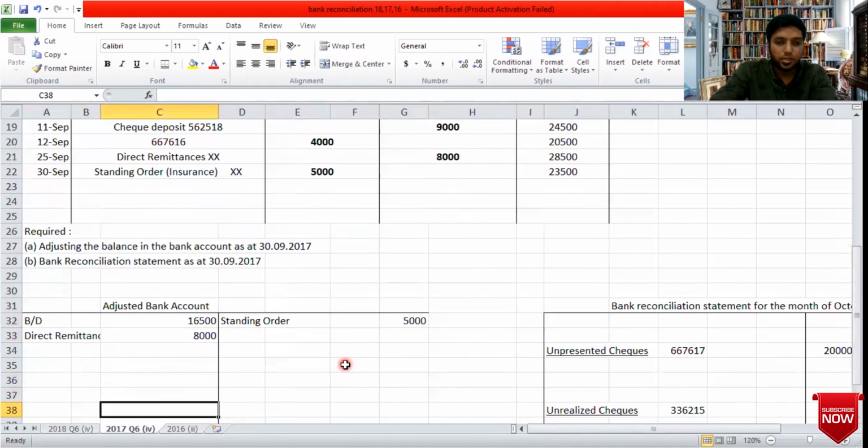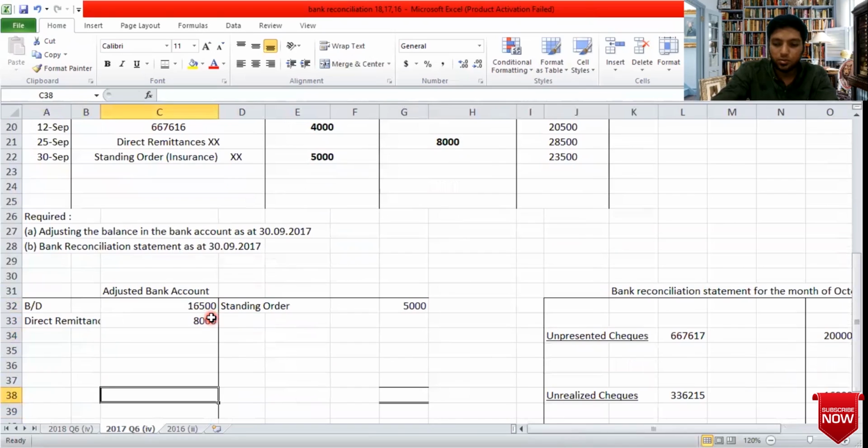So I'm going to finish my adjusted cash book. And here, right, 16,500 plus 8,000 is 24,500. And here you will have carried down. You don't want to leave space, you can write nearby itself.